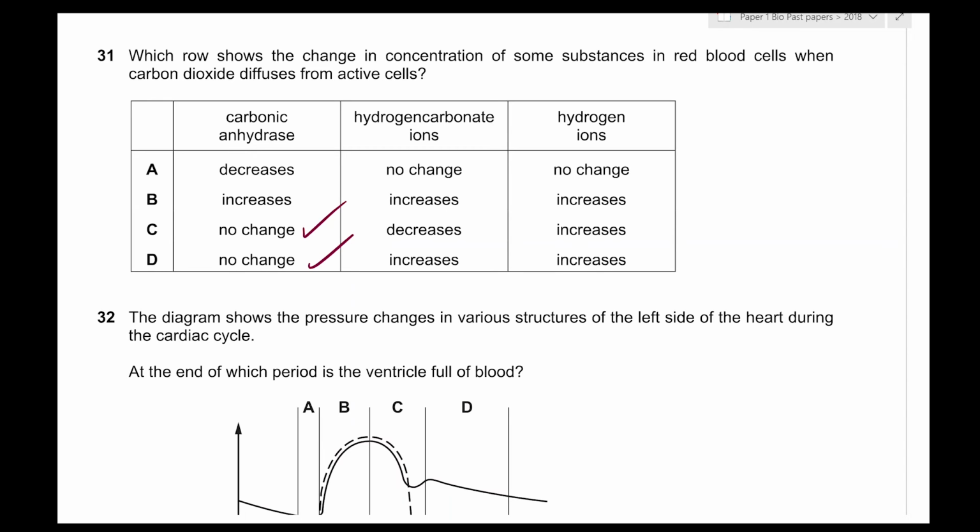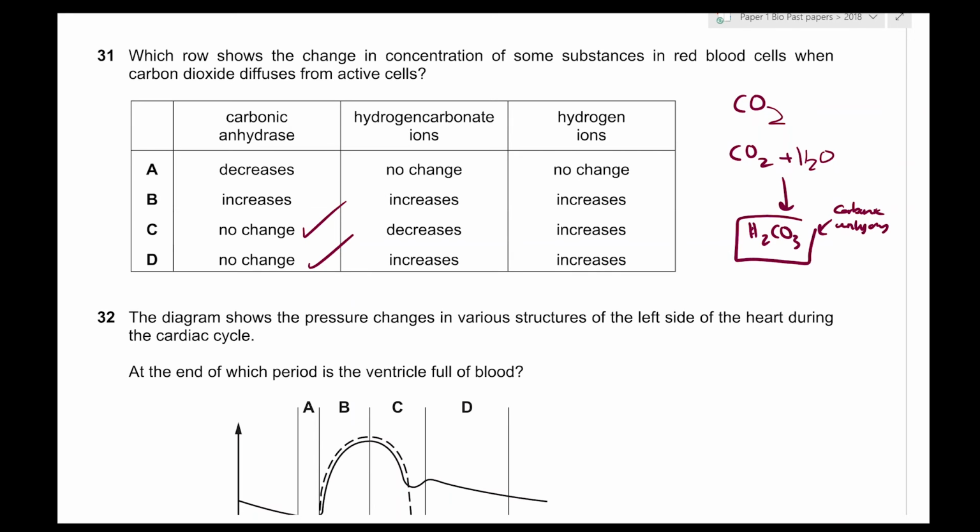Now here we have hydrogen carbonate ions and hydrogen ions. When the carbon dioxide concentration increases, more carbon dioxide combines with water molecules to form carbonic acid by the action of the enzyme carbonic anhydrase, which we said is not changed.